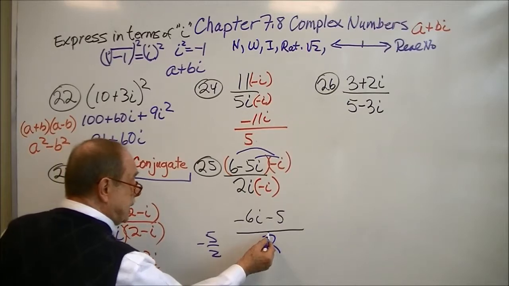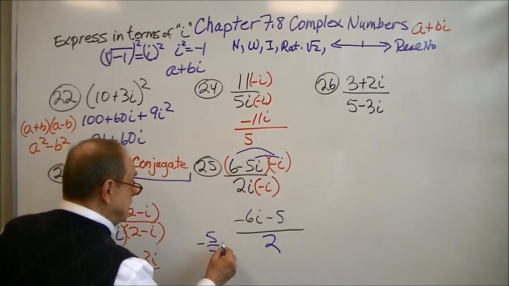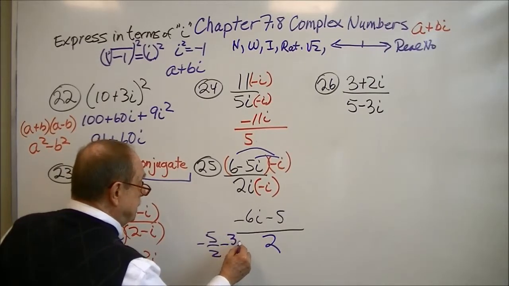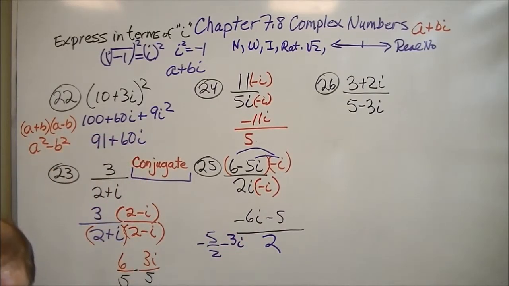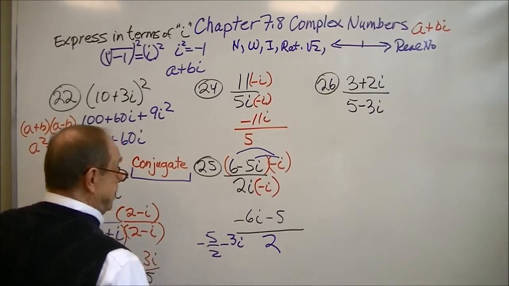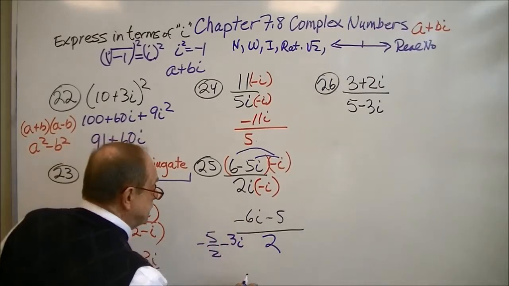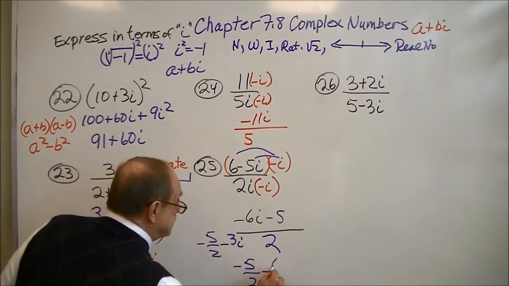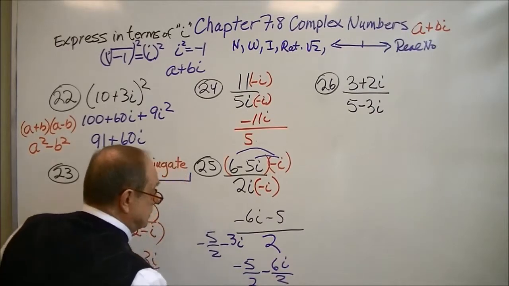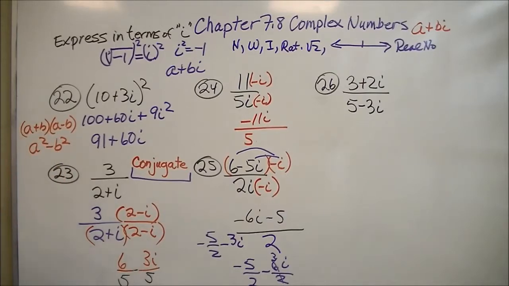And notice here we can actually do some canceling out. So this is going to be a negative 3i. Or if you want to keep it that way, let's see, how does the book do that? No, they put it this way, yeah. So that's how it is. When you put it negative 5 over 2 minus 6i over 2, this cancels out and you get a 3, and that's what we have. Okay.